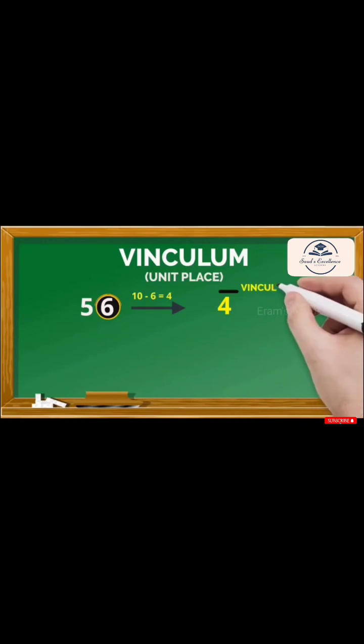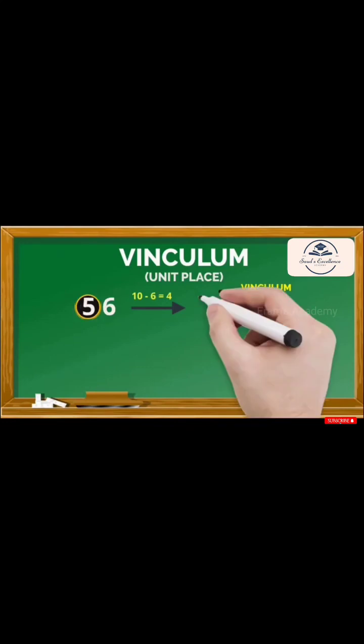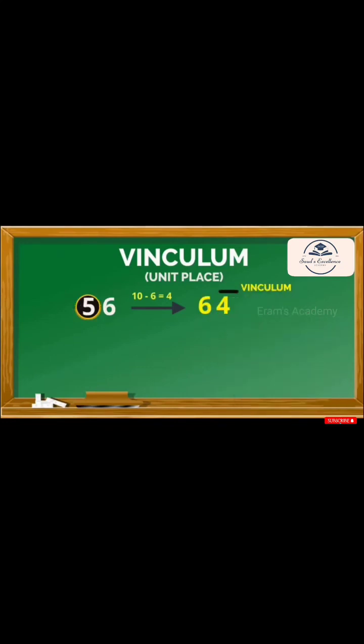Bar denotes vinculum. Then we take the 10's digit's consecutive number, so 5's consecutive number is 6, so we write 6. So then we can say it is 60 less 4, which is 56.